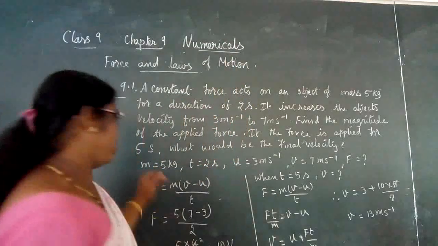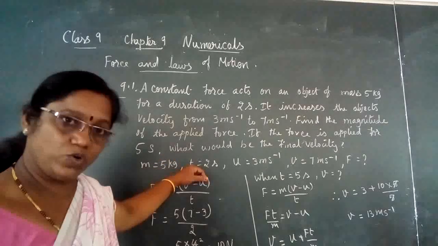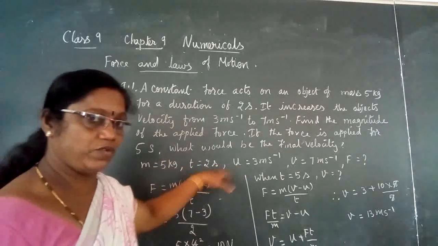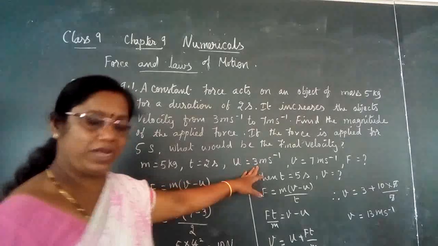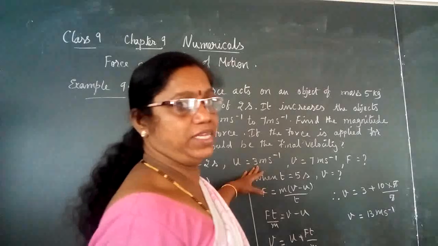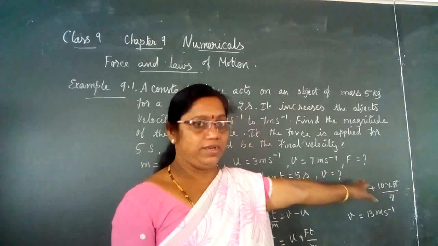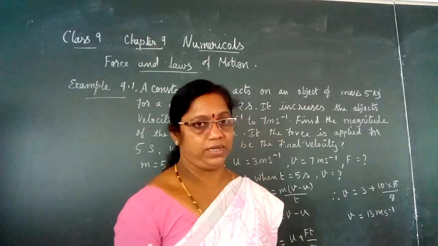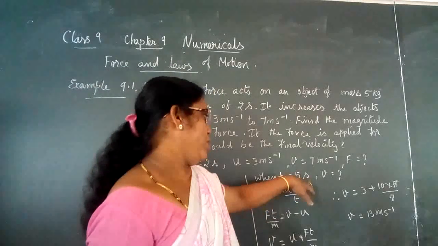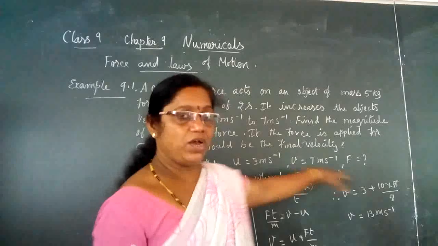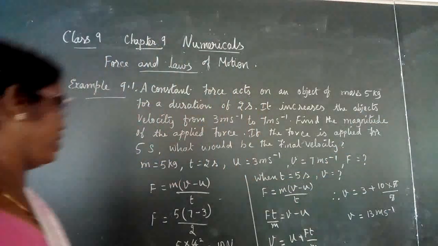One is, the mass of the object is 5 kg and the force is acting for 2 seconds, and due to that force the body, which is initially moving with a velocity of 3 meter per second, reaches a final velocity of 7 meter per second. What is the force acting on it? And also you have to find out, if the force acts for 5 seconds, what will be the final velocity of the mass? Let us find out.